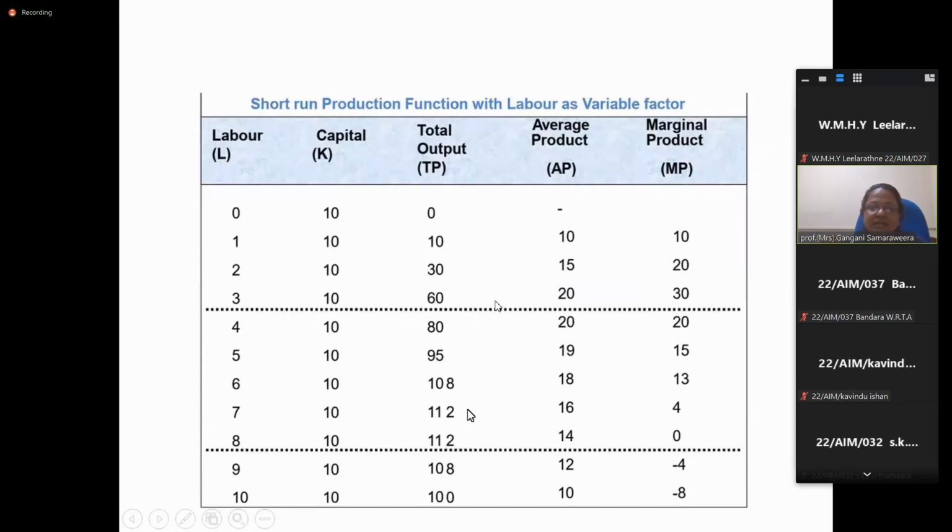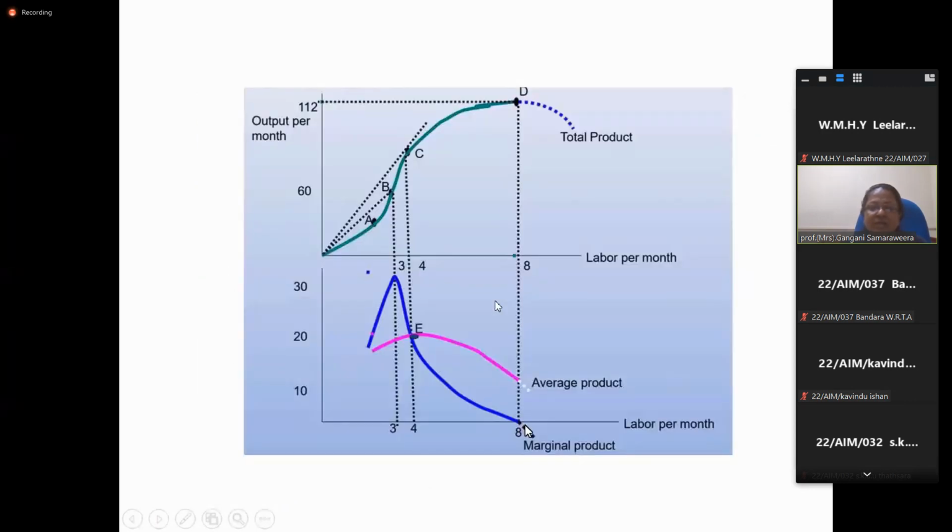So in the graph, after 0, you can see the minus values.